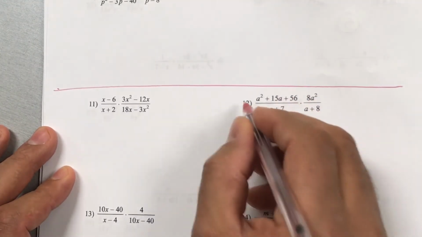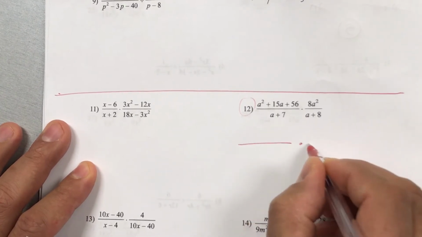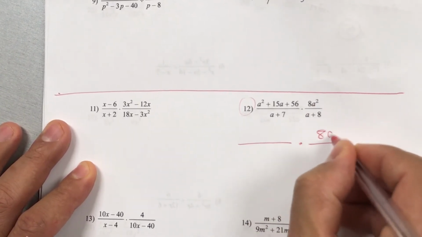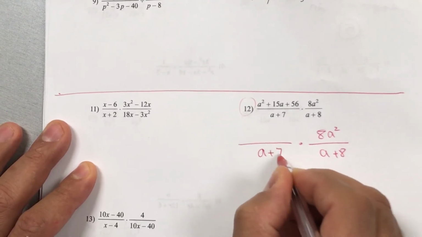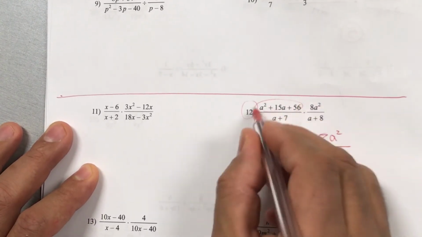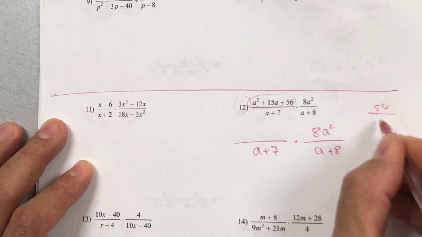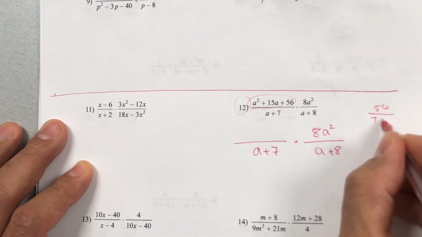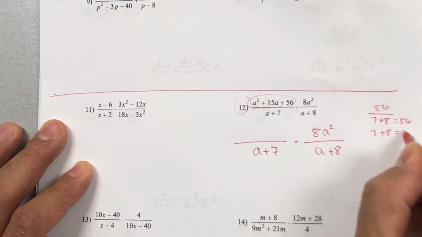Let's say question number 12. Let's do it together. The first fraction times the second one. 8a squared, there's nothing we can do here. A plus 8, nothing we can do here. 8 plus 7, nothing we can do here. For this part, we need 2 numbers that multiply to 56 and add to 15. 7 times 8 is equal to 56, and 7 plus 8 equals 15.